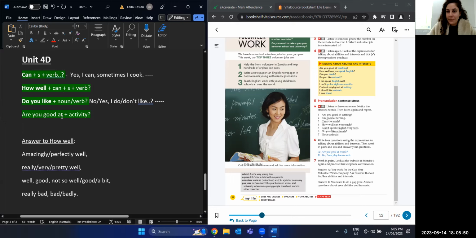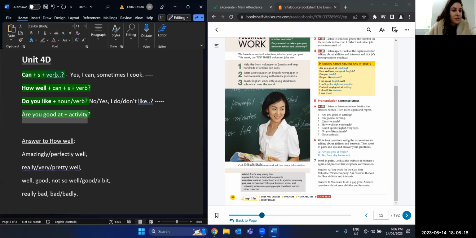Can you work with AutoCAD software? Yes, I can. Yeah, good. It's more, are you good at working with AutoCAD software? Can you use, it's more like, can you use AutoCAD? Because you want to know, can you use it? It's like saying, can you use this app?